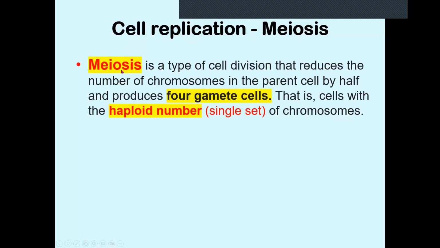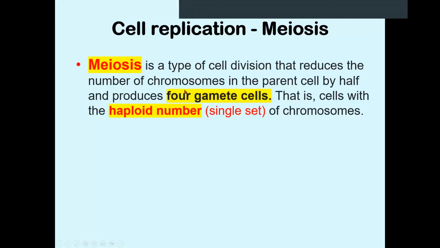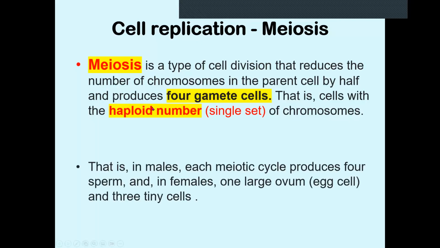So one cell that's undergoing meiosis produces 4 gametes, whereas here it produces 2 gametes with all our chromosomes in each. We produce 4 gamete cells, 4 sperm, 4 eggs, and they have half the number of chromosomes, the haploid number.